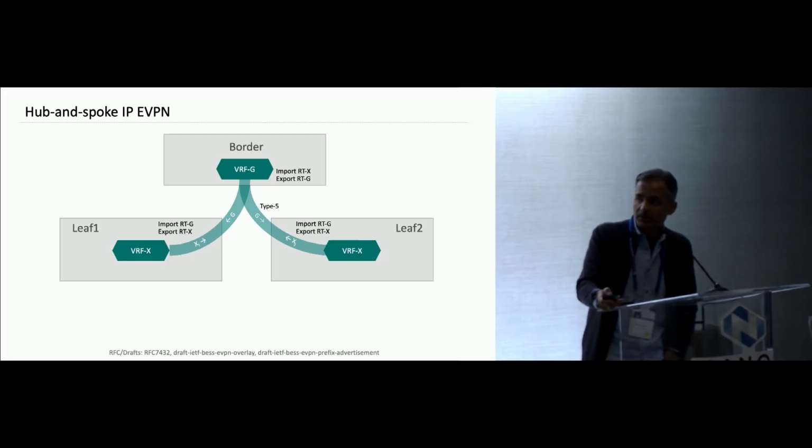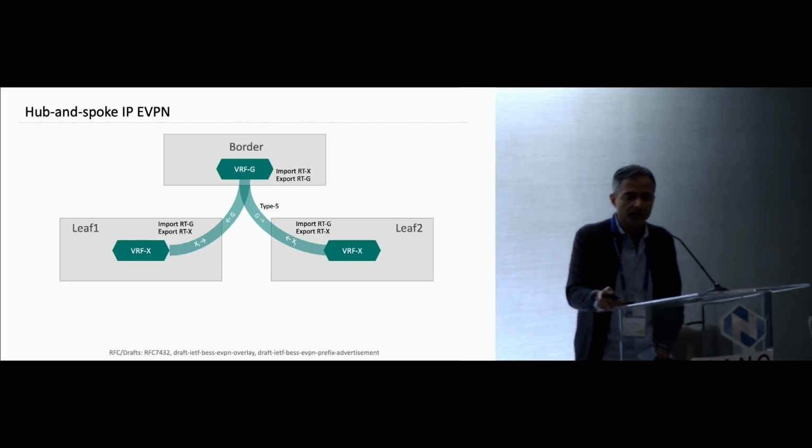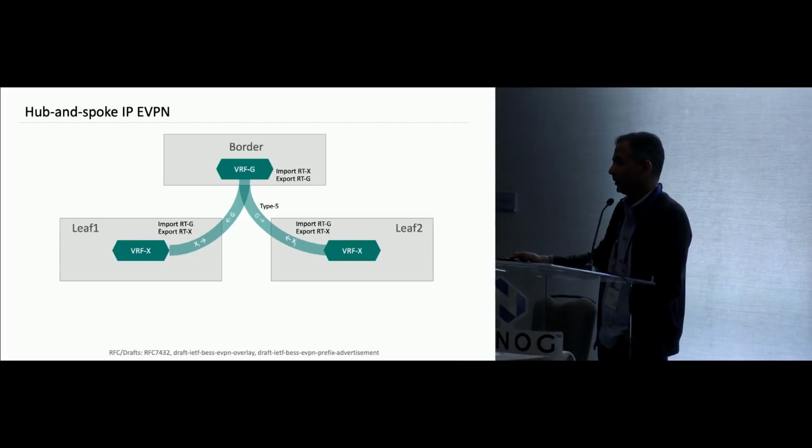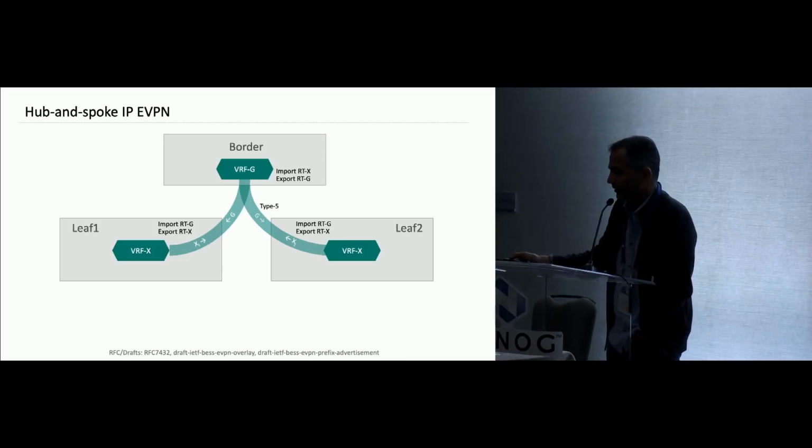There's a hub and spoke, which I would probably also refer to as directional VPNs, where in this case it's the border gateway, VRFG, announcing its routes with RTG and importing routes with RTX, and the VRFXs do the exact opposite, right? And this is directional.